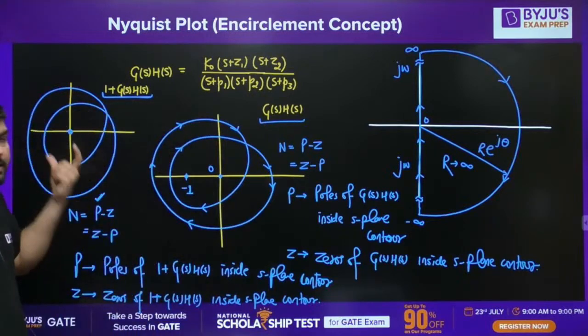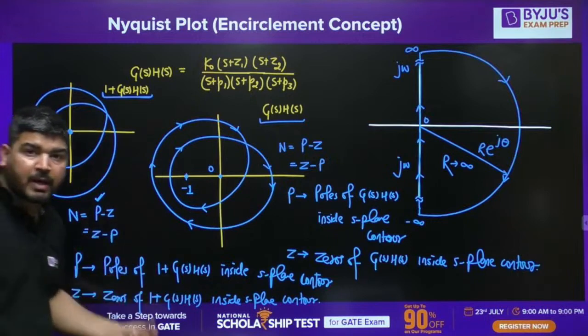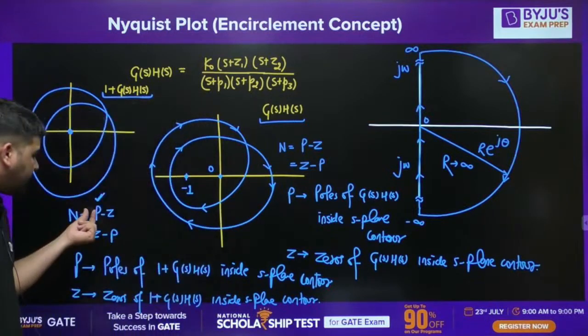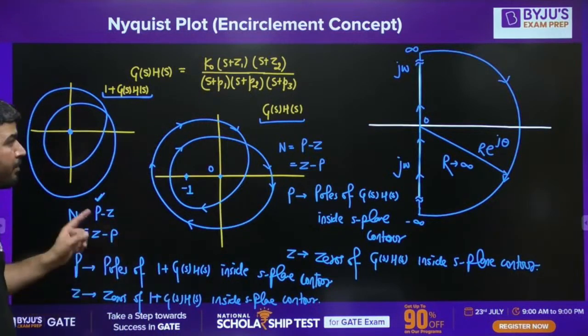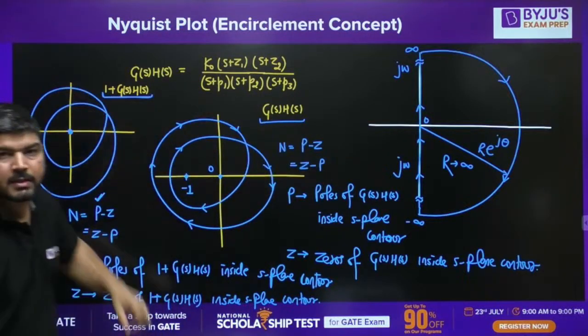So you have to be very clear what the meaning of P and Z is. This P and Z are the poles and zeros of 1 plus G(s)H(s) inside this S plane contour, if you are mapping into 1 plus G(s)H(s).